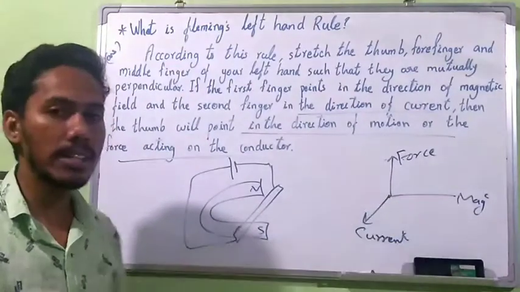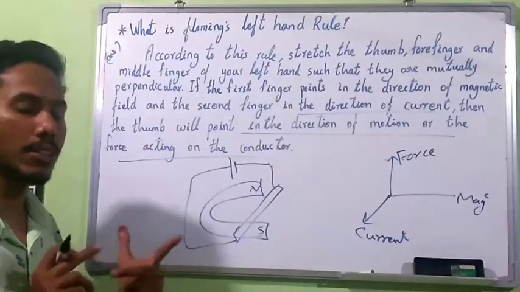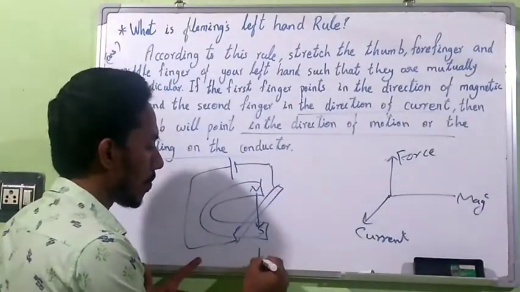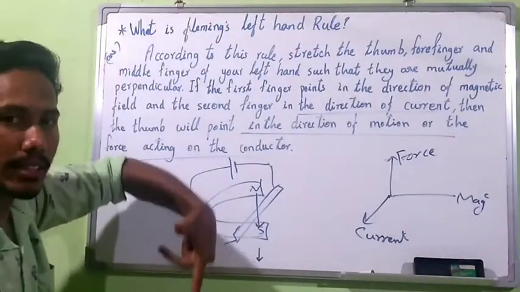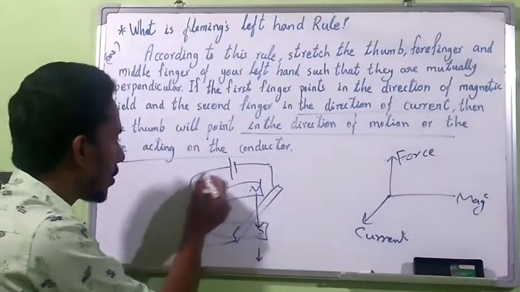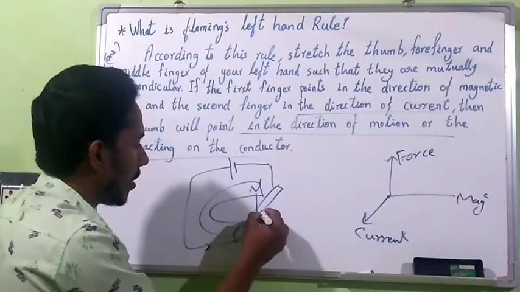First, the magnetic field. Align your forefinger in the direction of the magnetic field. It is from north to south, so align this downward. Then what is the direction of current here? It is the positive terminal, and the current will point in this direction.